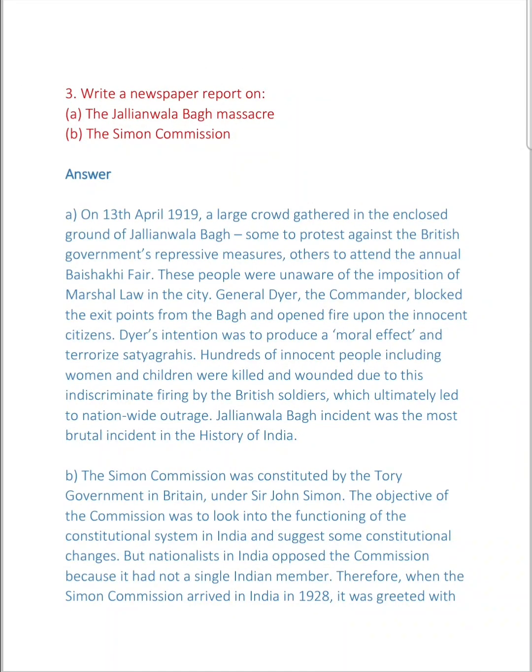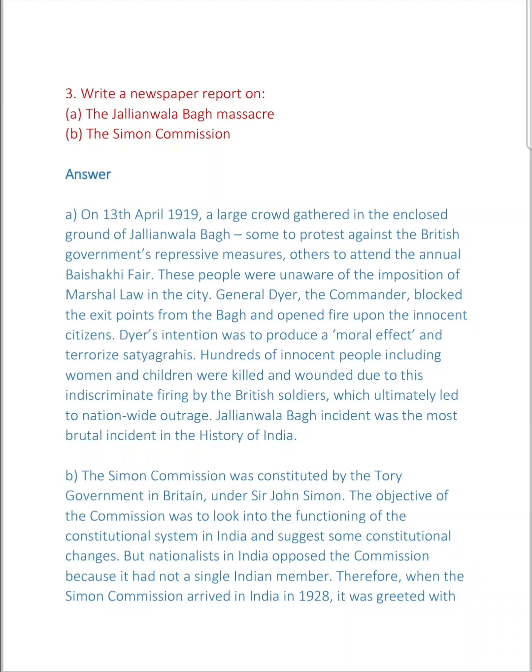Write a newspaper report on the Jallianwala Bagh massacre and the Simon Commission. Answer: Part A. On 13th April 1919, a large crowd gathered in the enclosed ground of Jallianwala Bagh, some to protest against the British government's repressive measures, others to attend the annual Baisakhi fair.